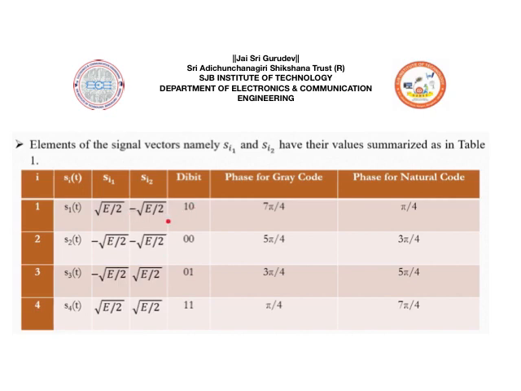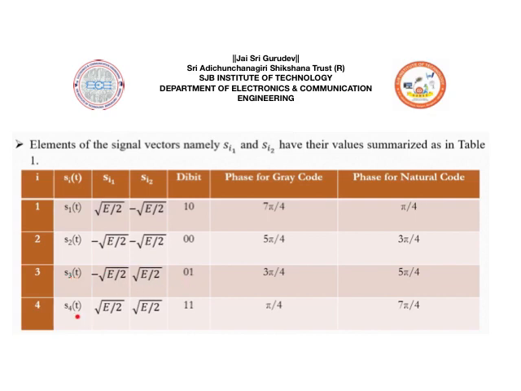Accordingly, s1(t) can be represented by the dibit as follows: square root of E by 2 is 1, minus square root of E by 2 is 0, so 1 0. Similarly, for s2(t), minus square root of E by 2 is 0 and minus square root of E by 2 is 0, so the dibit corresponding to s2(t) will be 0 0. For s3(t), minus root of E by 2 is 0 and root of E by 2 is 1, so the dibit will be 0 1.